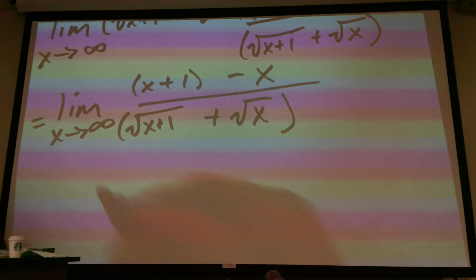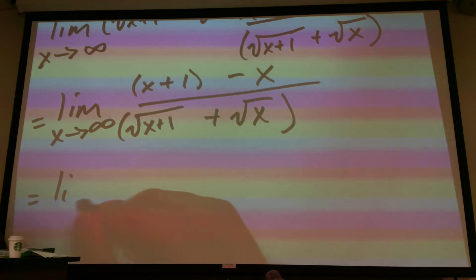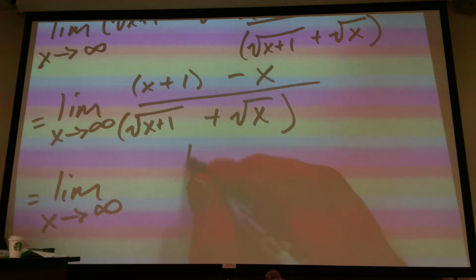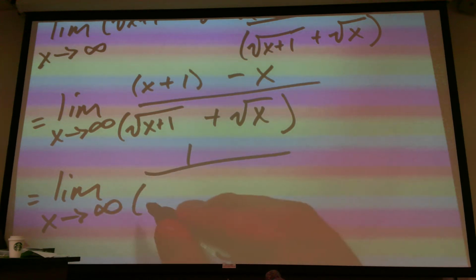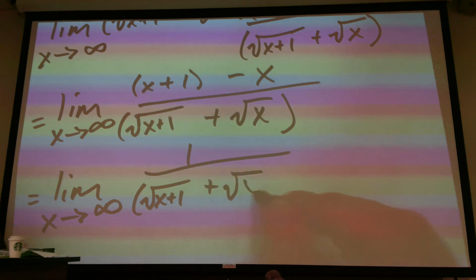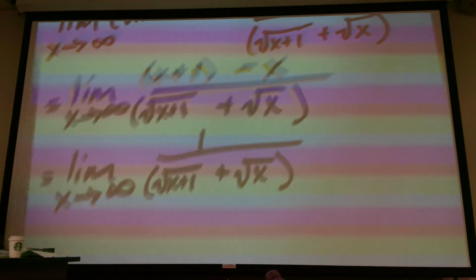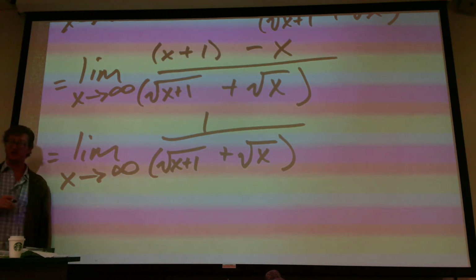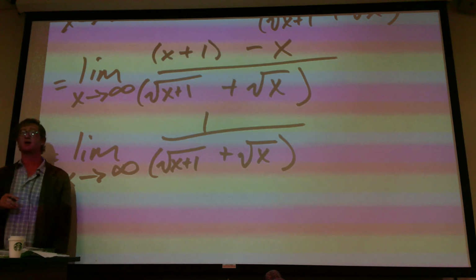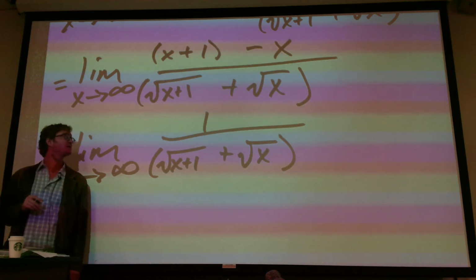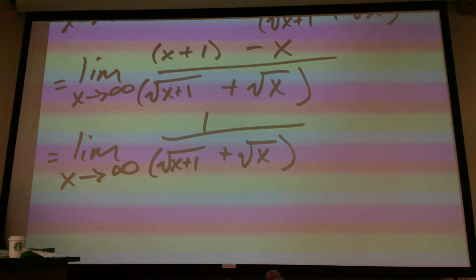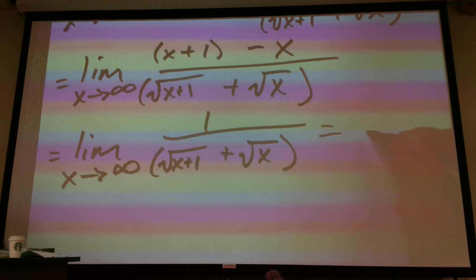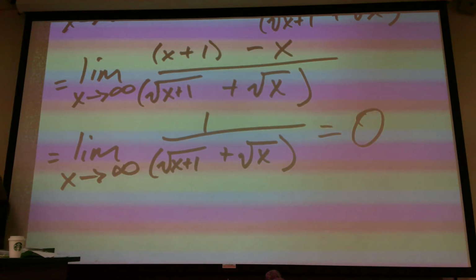And so this is going to equal the limit as x tends towards infinity of just 1 divided by the square root of x plus 1 plus the square root of x. At this point the problem is no longer in an indeterminate form. This is going to be a constant divided by infinity, and a constant divided by infinity is going to come out to being 0.